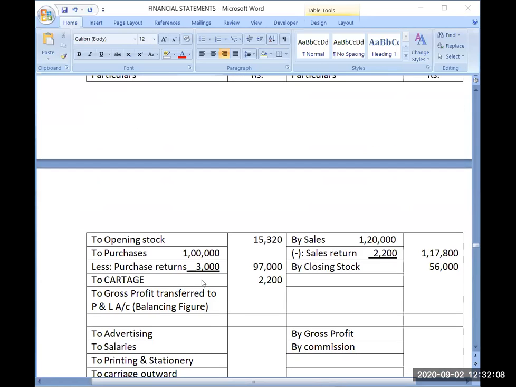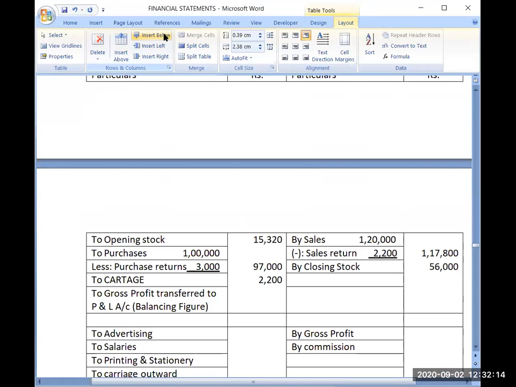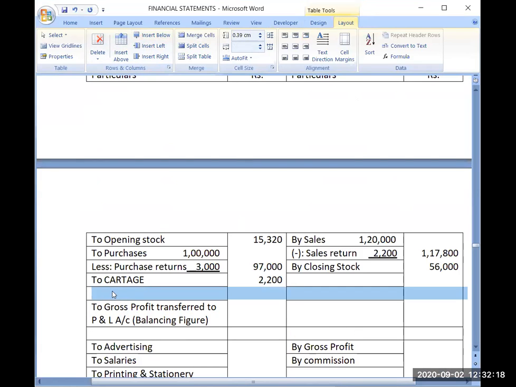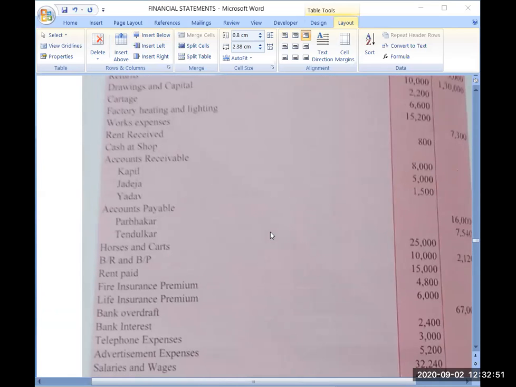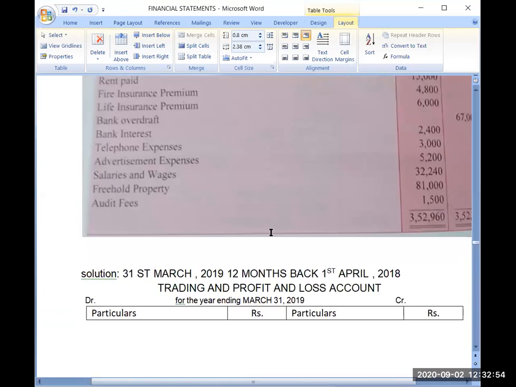So factory heating and lighting is also your direct expense, because it is a factory expense. It is how much? It is 6,600.